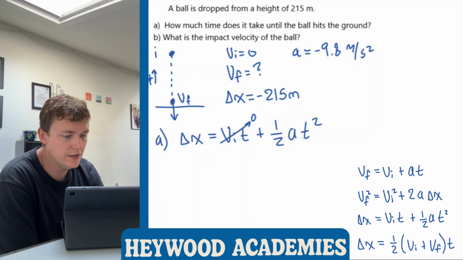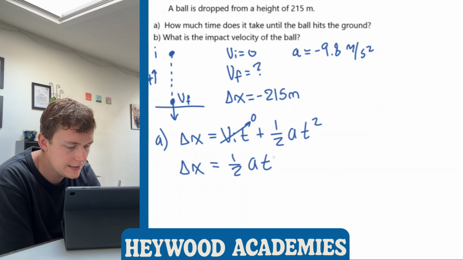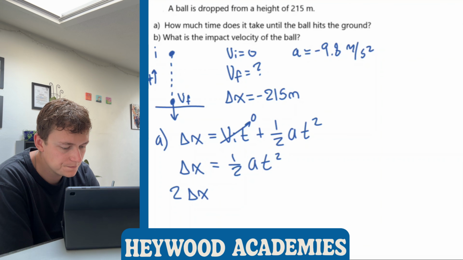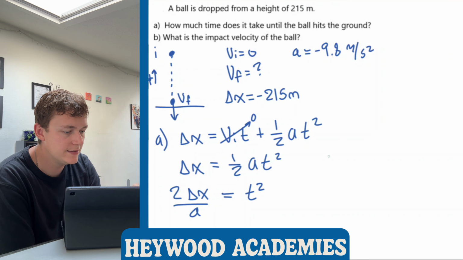And then we can use this to solve for the time. So we've got delta x is equal to 1/2 at squared. Multiply both sides by 2. Divide both sides by a. And then square root both sides.